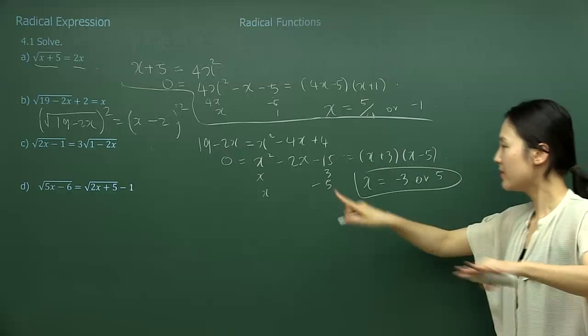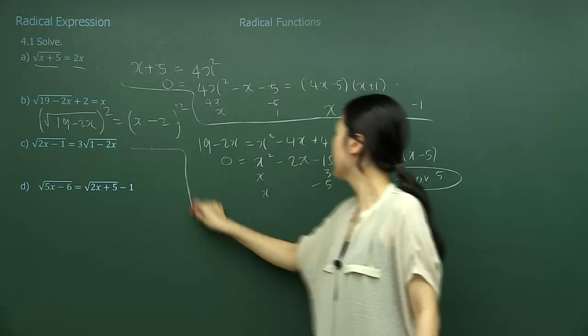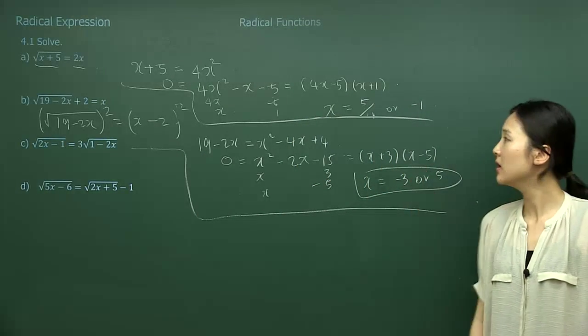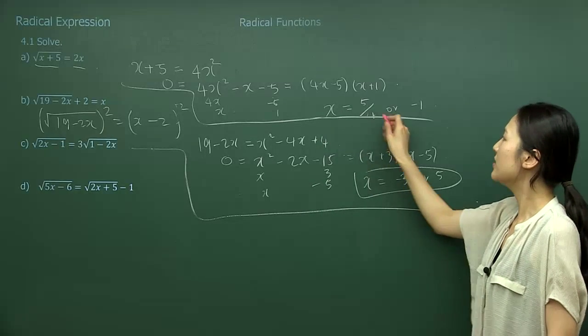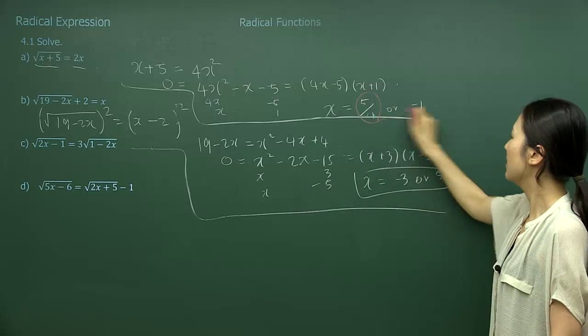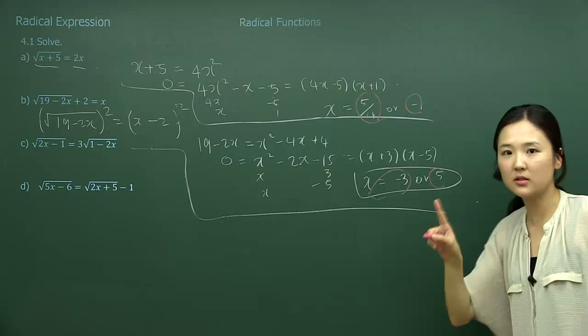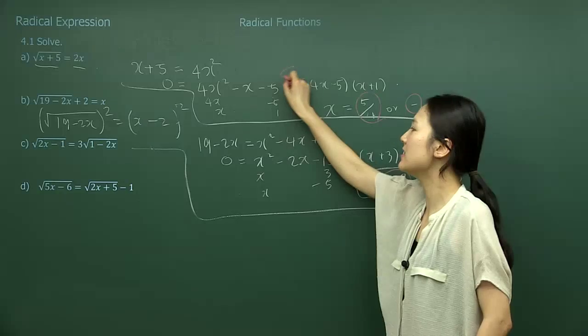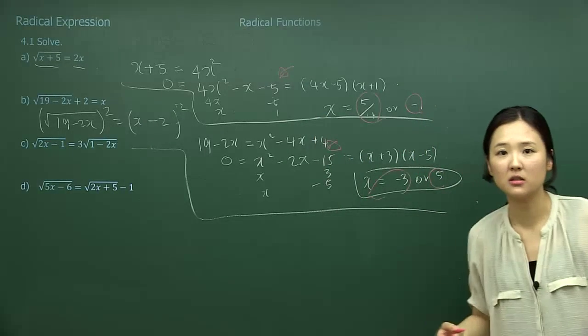Okay, now, I want you to take a moment here and think carefully. Guys, we have come up with 2 values of x for each expression, didn't we? But how did we get the 2 values? By solving this quadratic expression, didn't we?